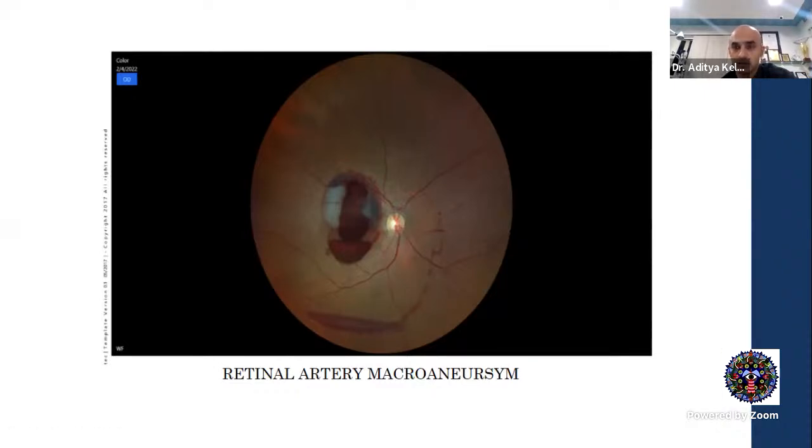Even if the blood pressure is under control, these changes would be visible. Whereas stage 3 and stage 4, where you have superficial hemorrhages, cotton wool spots, optic disc edema, these changes can be reversible. Like I showed you in one of the case presentations earlier on.